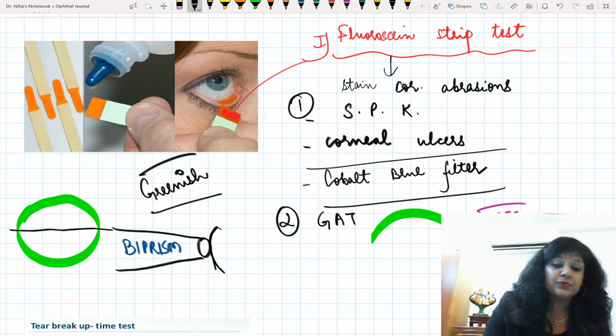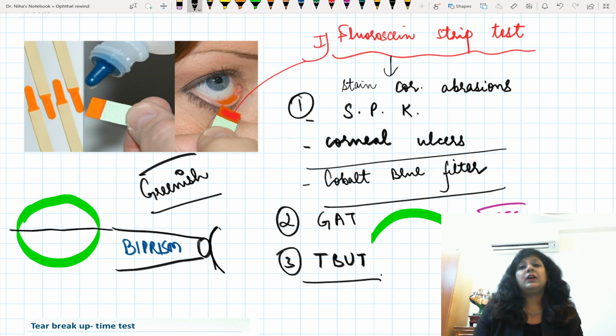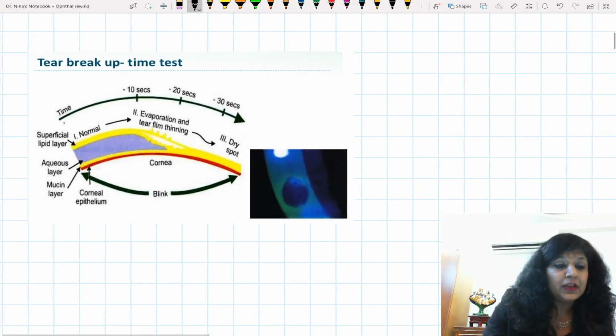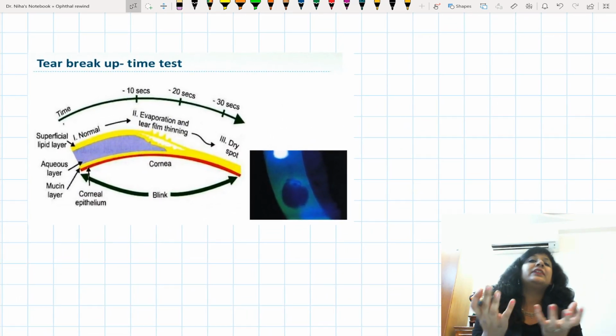Then the third use, we also do the tear film breakup time. Tear film breakup time also uses this fluorescein stain. Let us see how. What is actually this test?